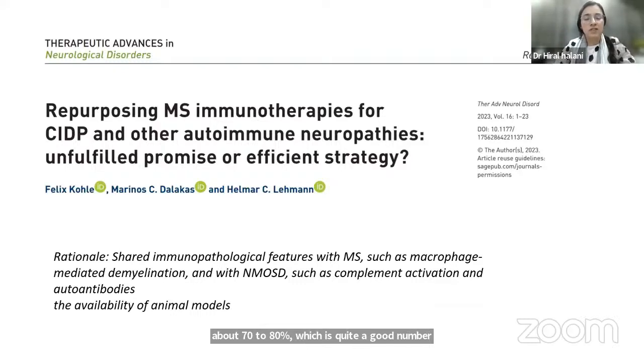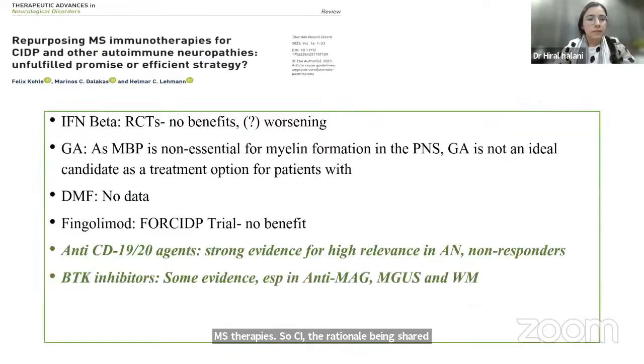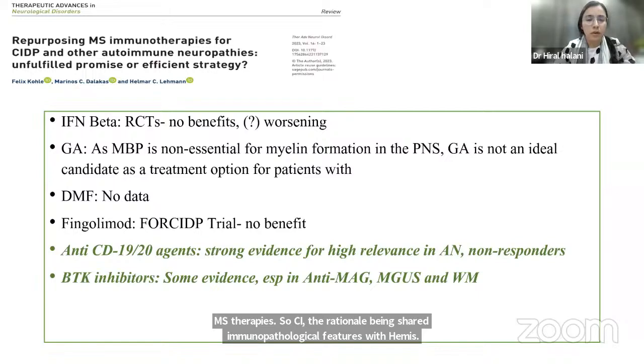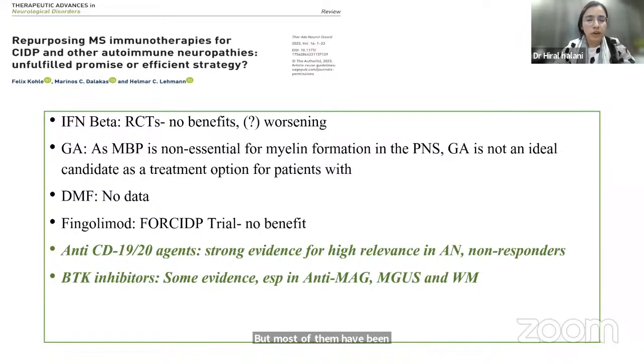Another strategy in refractory CIDP is repurposing the MS therapies for CIDP, the rationale being shared immunopathological features with MS. But most of them have been negative. Most of the trials with interferons, glatiramer acetate, DMF, fingolimod are negative, with no benefit in CIDP. Except for anti-CD20 therapy, where the evidence is, of course, strong.